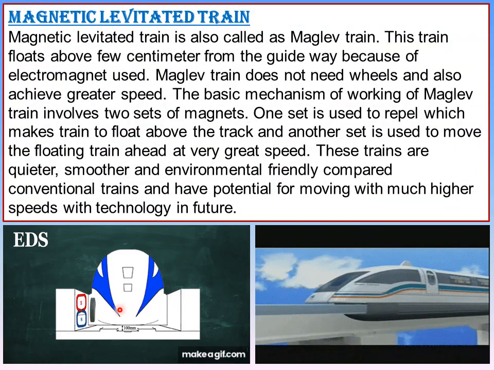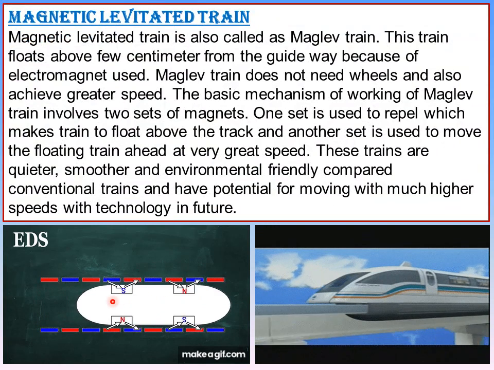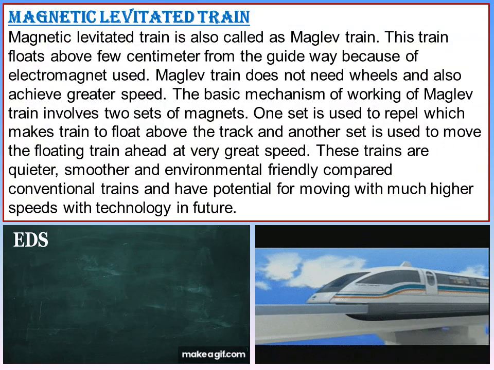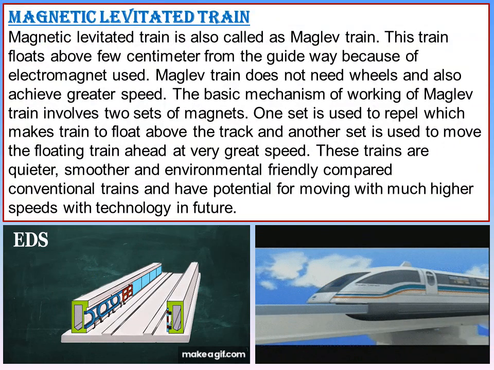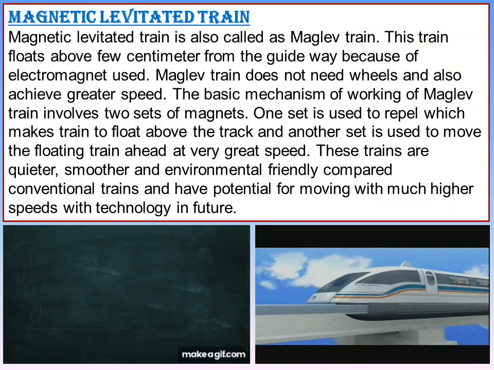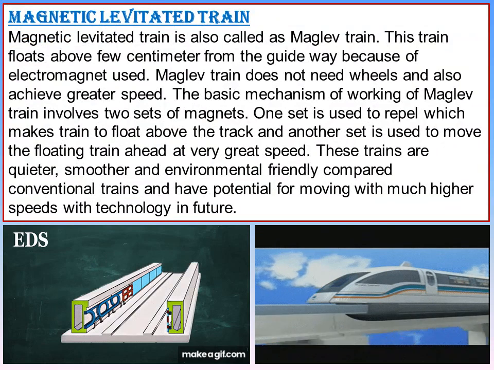Here the maglev train is composed of magnets on the two sides, and the north and south poles are mentioned here. The basic working mechanism of a maglev train involves two sets of magnets. One set is used to repel, which makes the train float above the track.